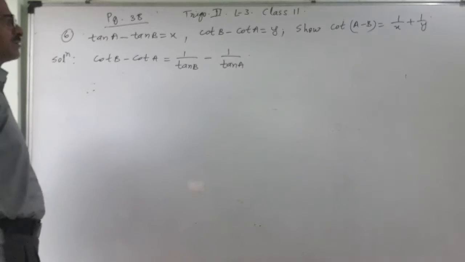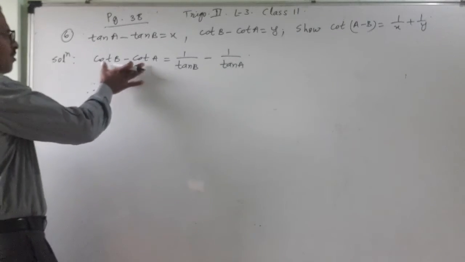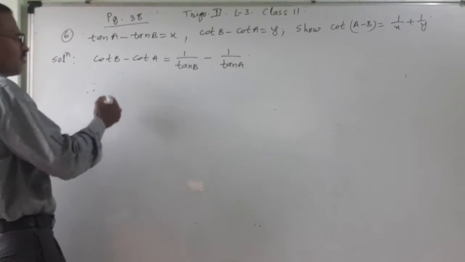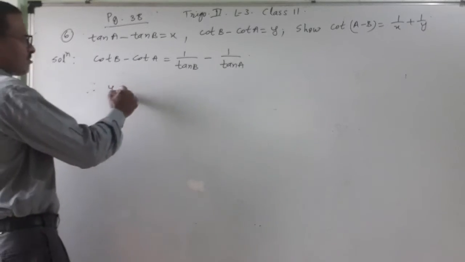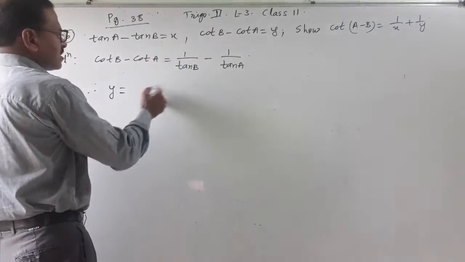Therefore, cot of B minus cot of A, what is this? y is equal to, now I will solve this.